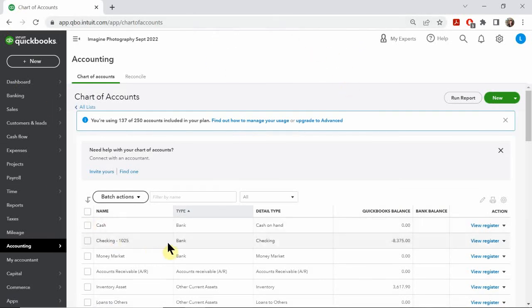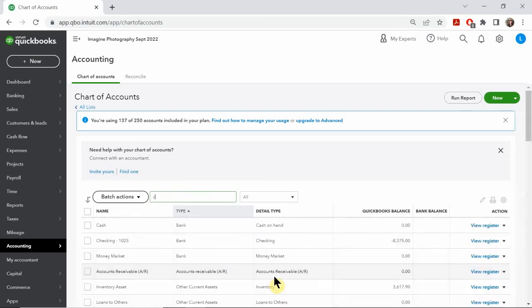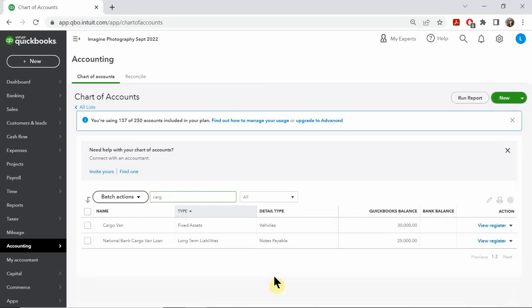So let's go back to my chart of accounts and take a look at that National Bank loan. Here you go. National Bank cargo van loan is outstanding for $25,000. Yes, we know that because that's exactly what we took the loan out for. Now let's take a look at that cargo van. Here I have the cargo van and it is outstanding for a total of $30,000.